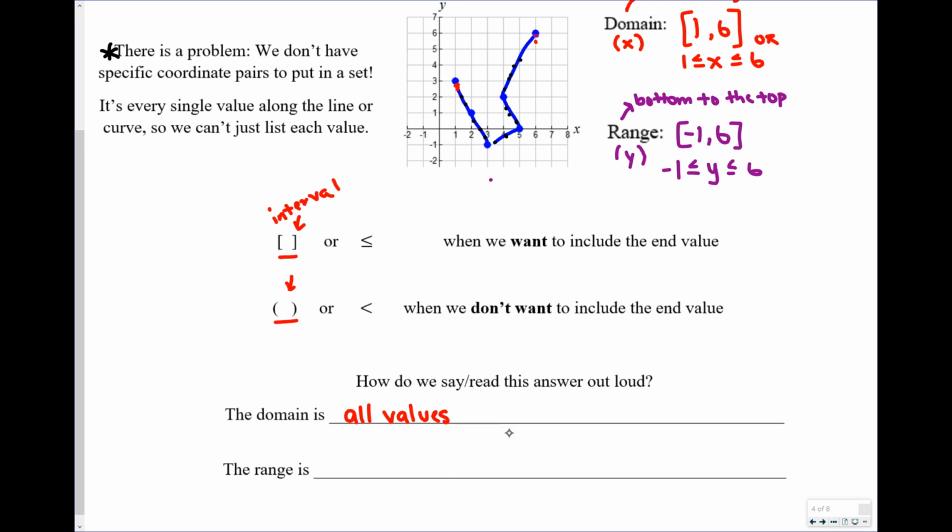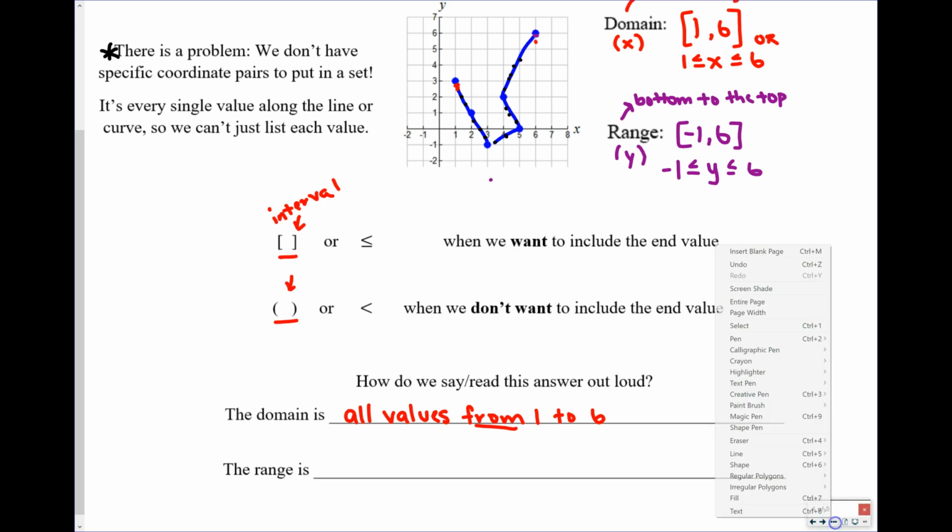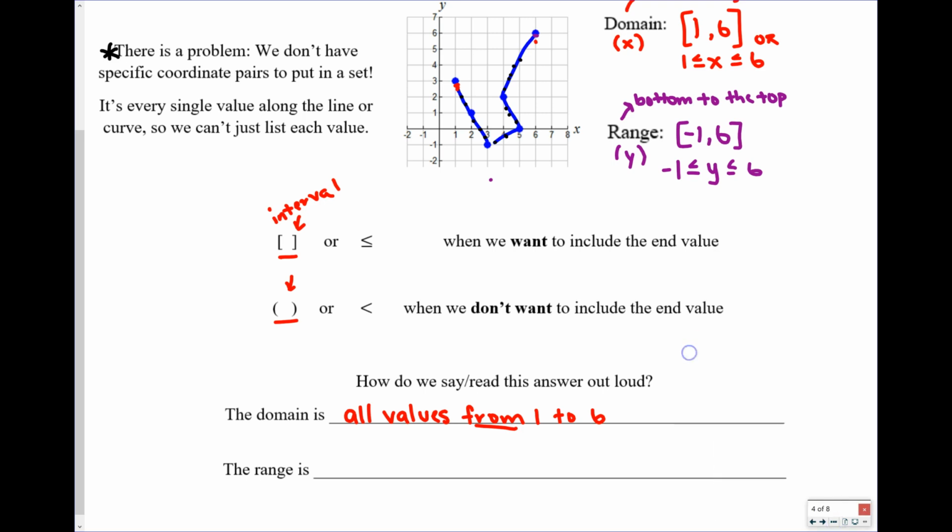We're going to say all values from 1 to 6, because using the word from says that 1 is included and 6 is included, which we really need because we're using brackets. Range is the same thing, only we're using the different numbers. We're saying range is all values from -1 to 6.